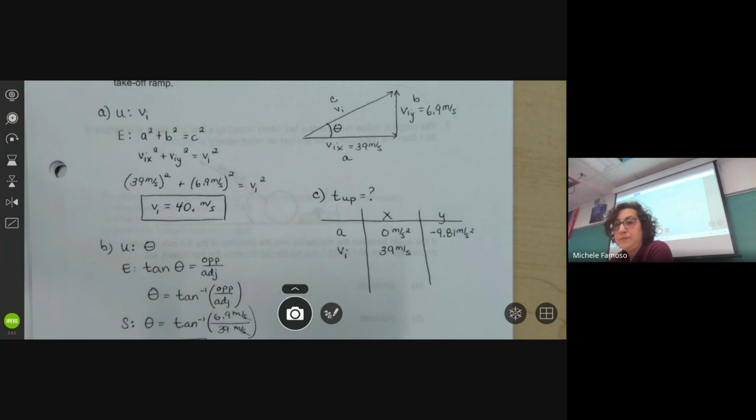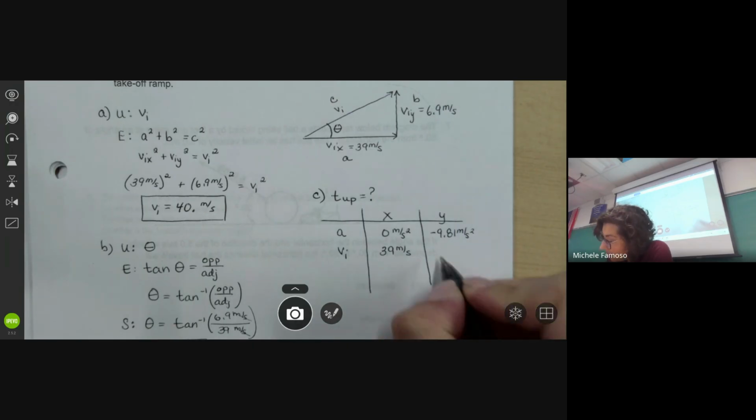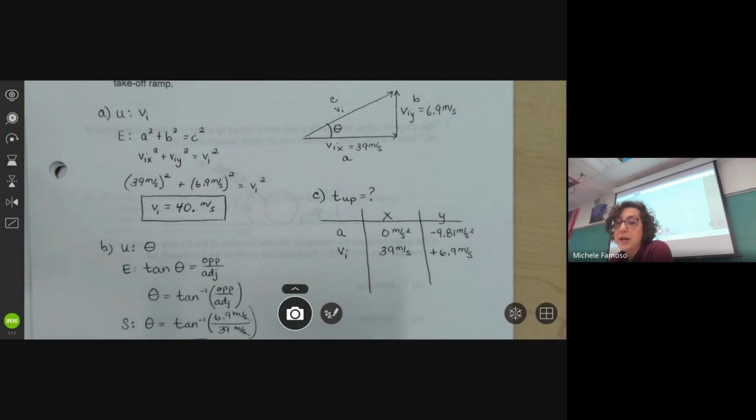No. What is the VI in the Y direction here, Kiara? And what is the direction of that velocity? Positive 6.9 meters per second.